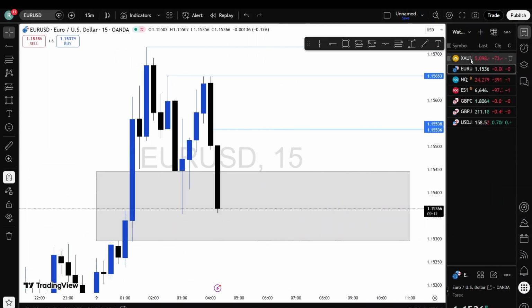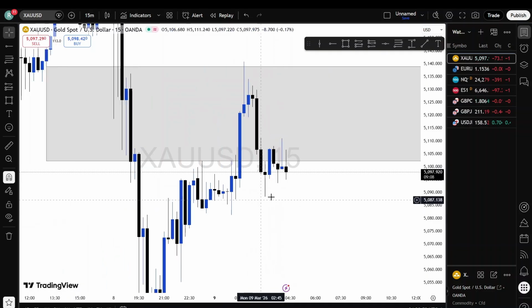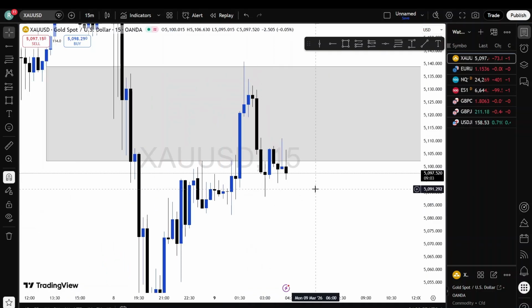Now the USD is melting down. Gold. I think I should have put some other pairs as well, because these pairs have not given any trades yet. But it's better to have only a couple of pairs.